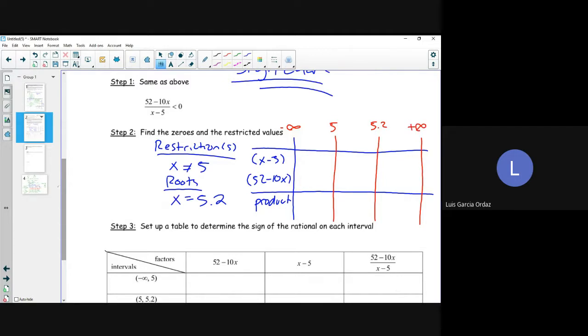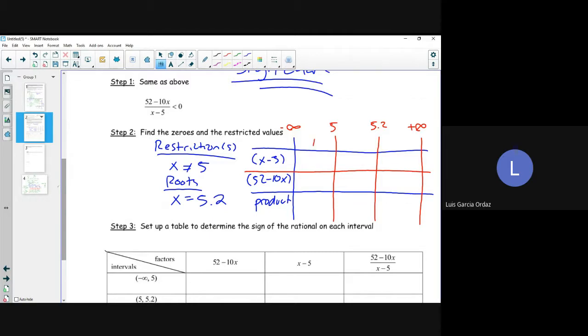Okay? So using the sign chart, let's use the first interval. We want to pick a value between negative infinity and positive 5 to sub in for our expression. What number do you guys want to sub in? Okay, let's sub in 1.